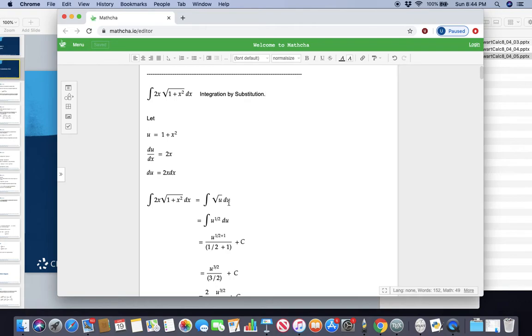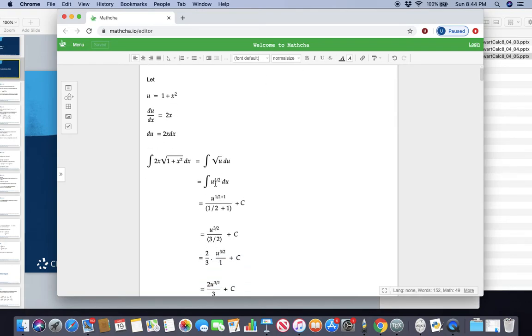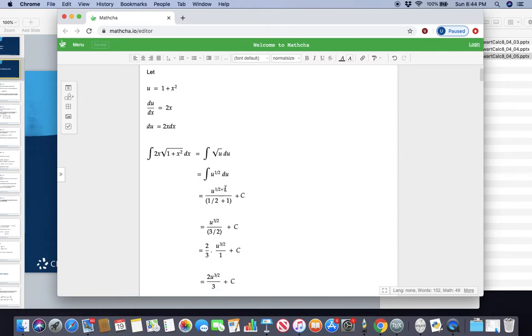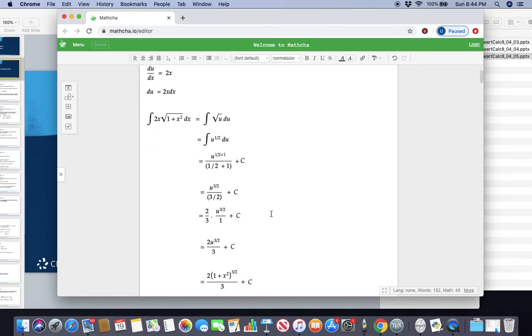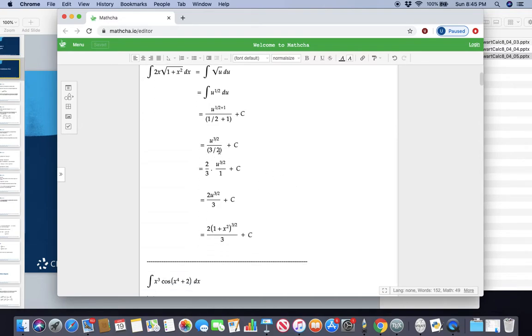So let's look at this. Integral of square root u. Square root u is nothing but u to the power half. Its integral you know. Increase the power by 1 and divide by the new power, plus some constant. Half plus 1 is 3 halves. Division by a fraction is multiplication by the reciprocal.